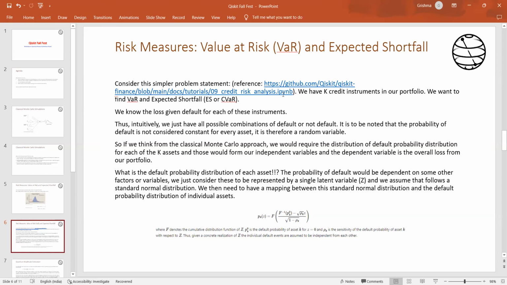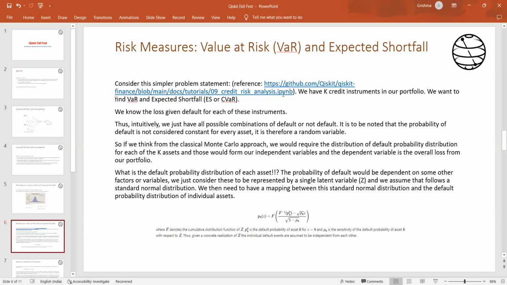And what I mean by credit instruments is, for example, your credit card itself. You bought things from your credit card, but you defaulted in paying back later. So that's a default at your end.